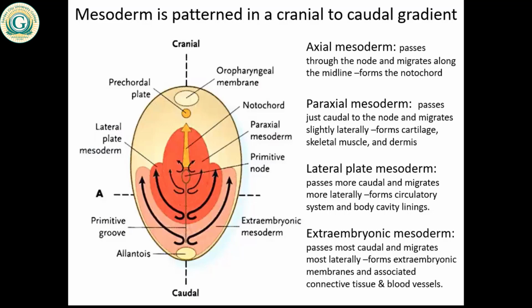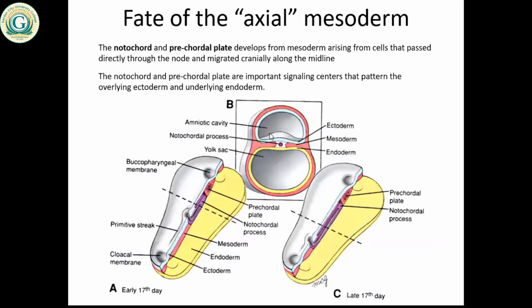So mesoderm is not just a whole plate like ectoderm and endoderm. It has parts. It has the notochord part that will form the vertebrae, and then we have the paraxial part and the lateral part. The lateral plate has two parts, superior and inferior.